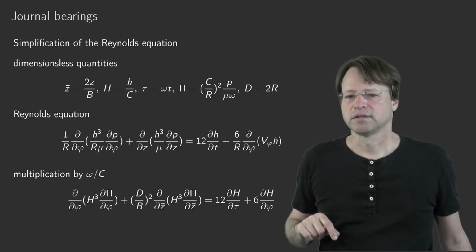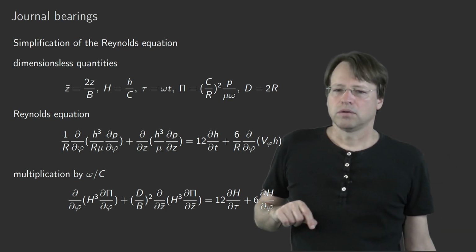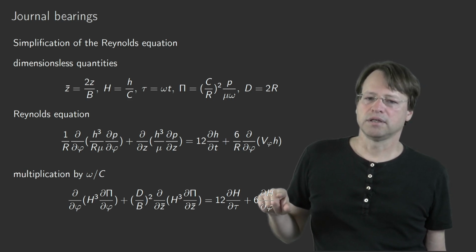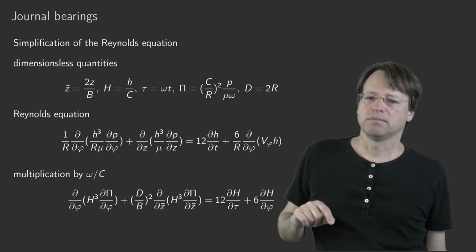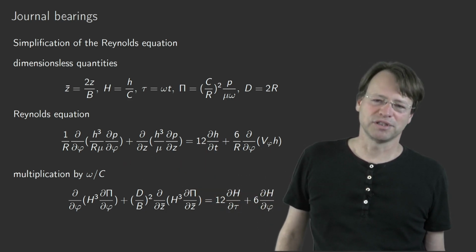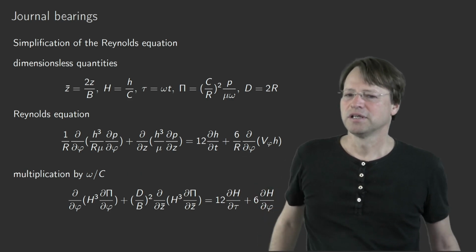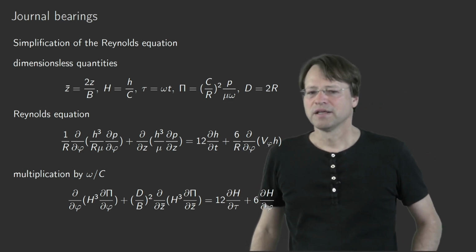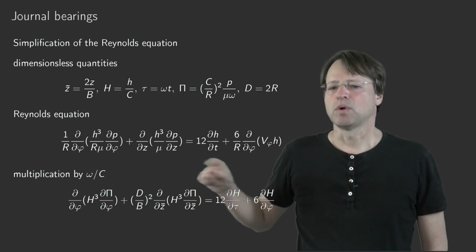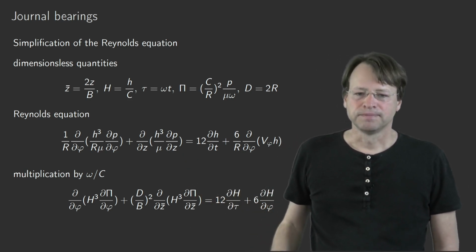So do we divide here by... we multiply by 1 divided by omega times c. This is wrong. This is nonsense. So we multiply by 1 divided by omega and c.